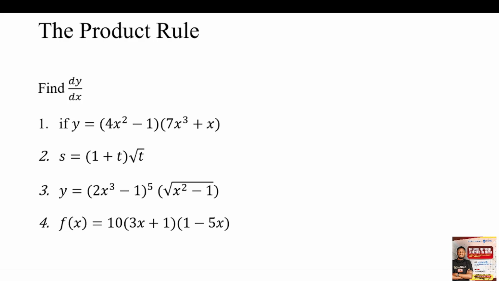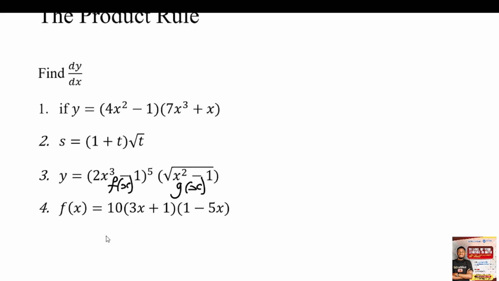In this third example, we have our function to be y equals 2x exponent 3 minus 1, all exponent 5, times root x squared minus 1. So let's name our first function as f of x and our second function as g of x.